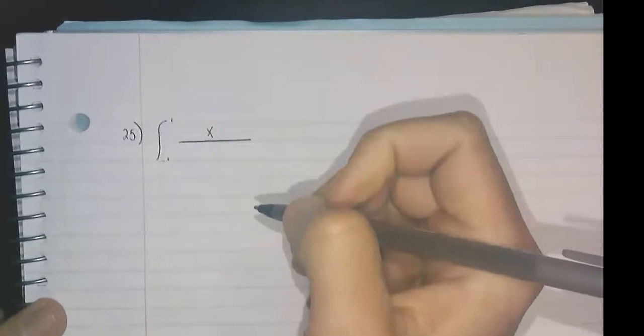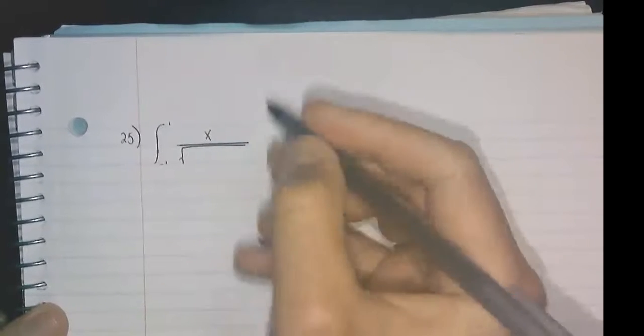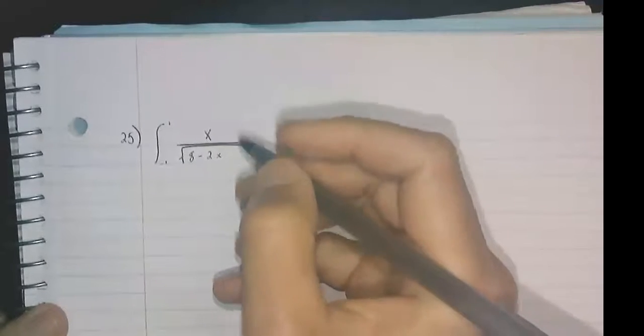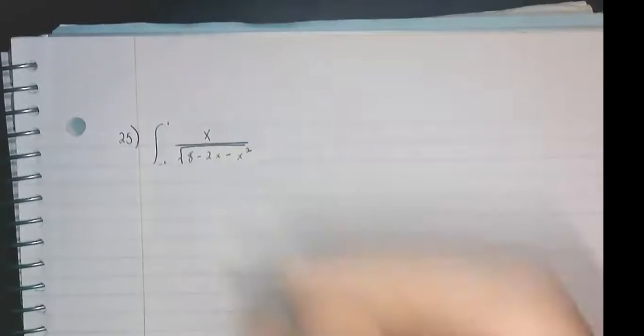25 is the definite integral from -1 to 1 of x over the square root of 8 minus 2x minus x squared dx.